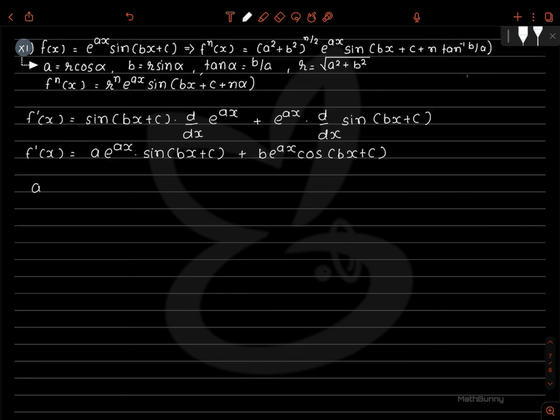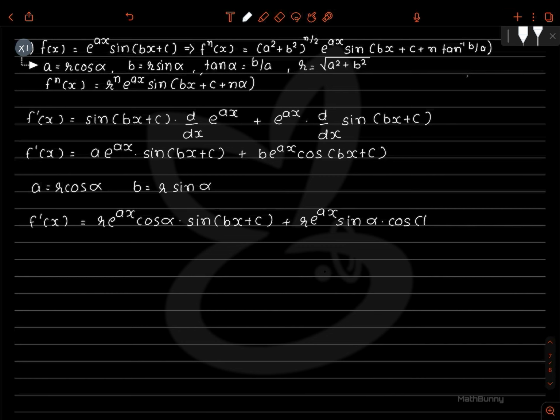We will put the values. A is equal to r cos alpha, b is equal to r sin alpha. So f dash of x would be equal to r e raised to ax cos alpha into sin bx plus c plus r e raised to ax sin alpha into cos bx plus c.